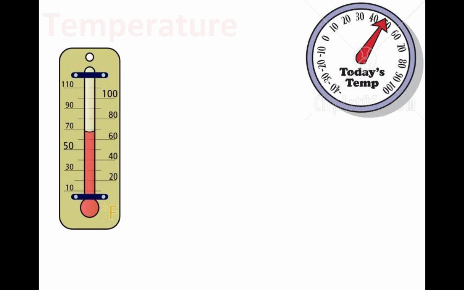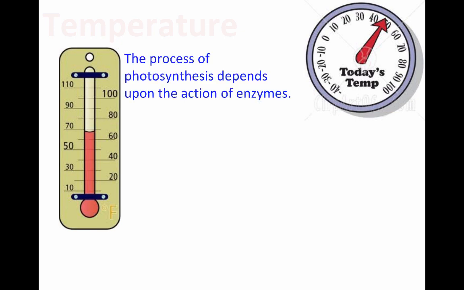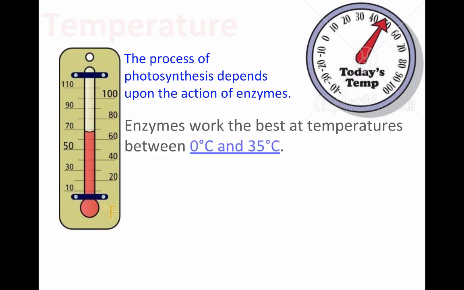Another factor is temperature, and photosynthesis doesn't exist if there aren't enzymes. Enzymes control every step of every chemical reaction that occurs. Enzymes don't work very well at very extreme temperatures, so they work best above freezing and below super hot, right?